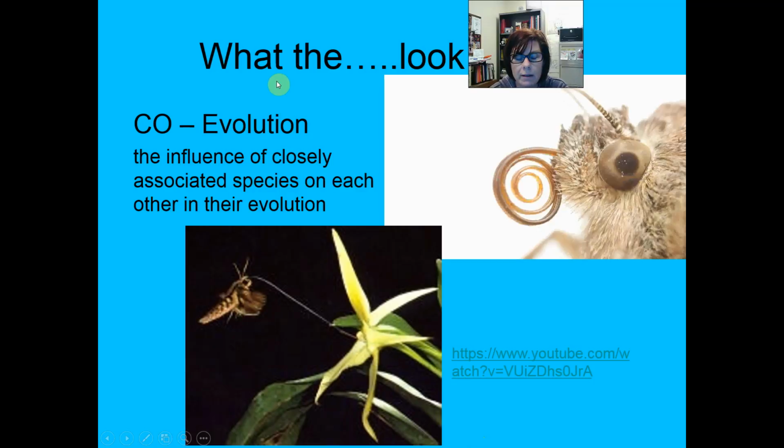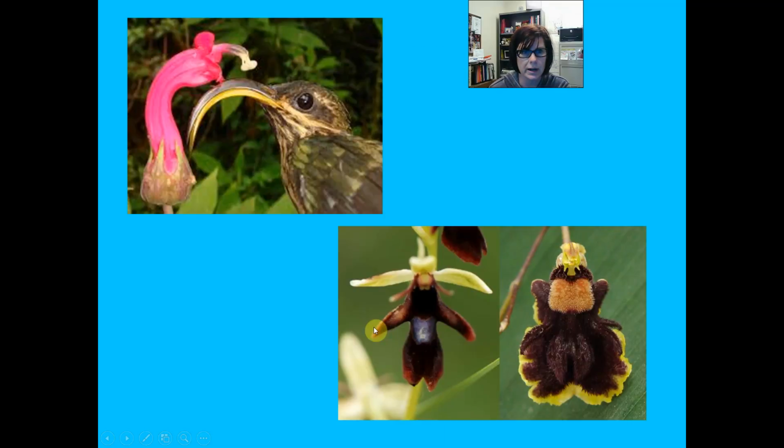So, with coevolution, you're looking at the influence of closely associated species on each other in their evolution. So they're closely related. We see this with pollinators or some predator and prey, but mostly with pollinators. If I go forward a slide here, again, here is a bird that feeds on the nectar down here.